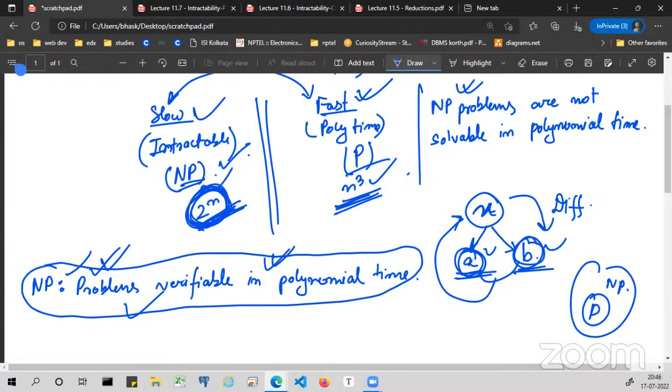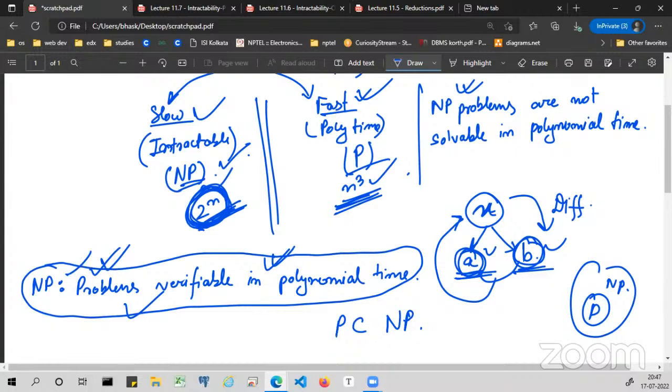So even if you write this statement, P is a subset of NP, even some of the people would argue with you that this is also not correct, right?